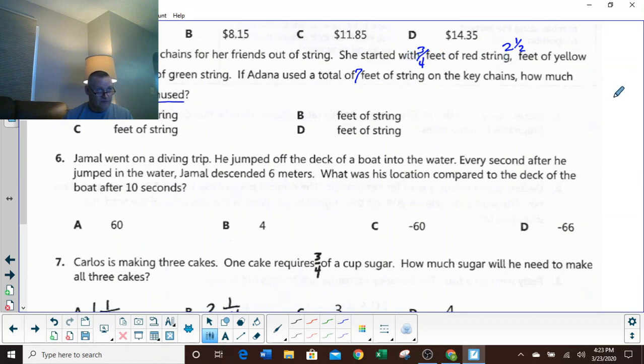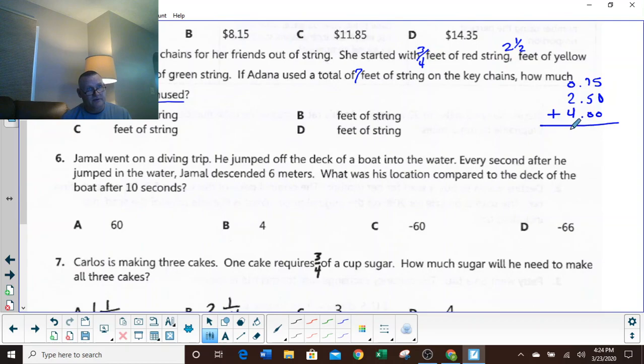What do we have left? Let's take the 3/4, and I'm popping all this to decimals. You don't have to, but I think it's easier. 0.75. 2.5 would be 2.5. And then 4. We need to add all those up. Okay.